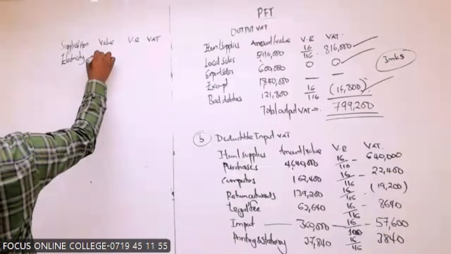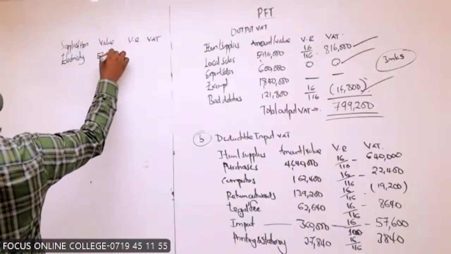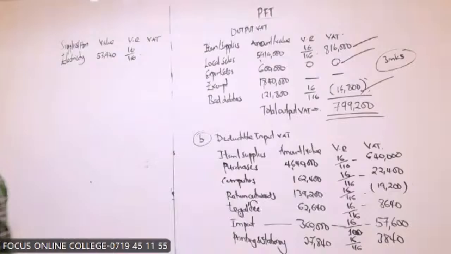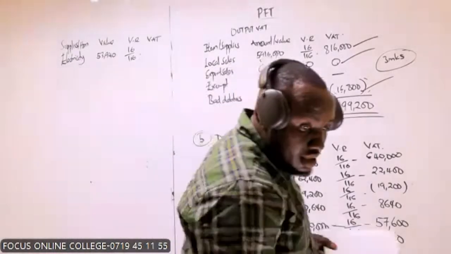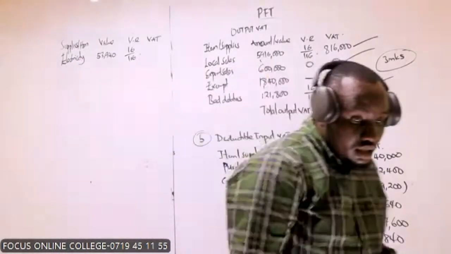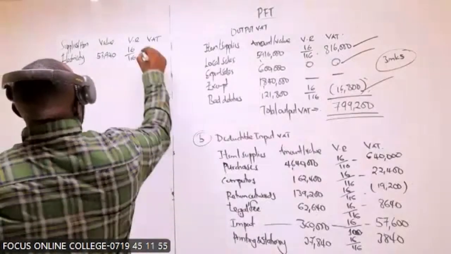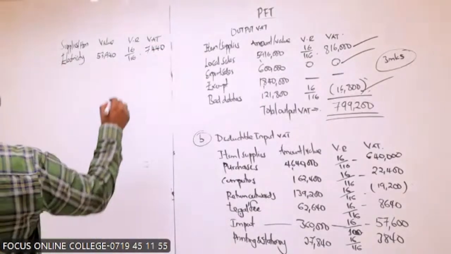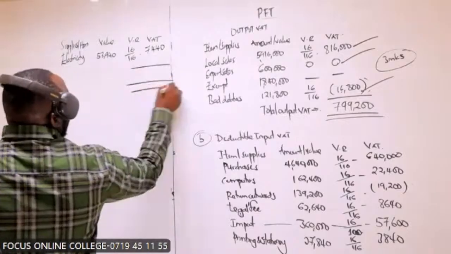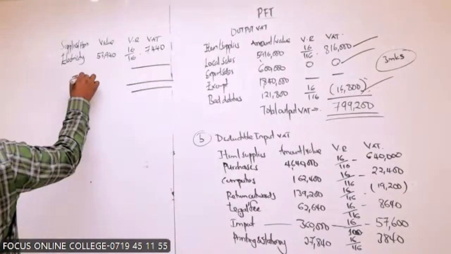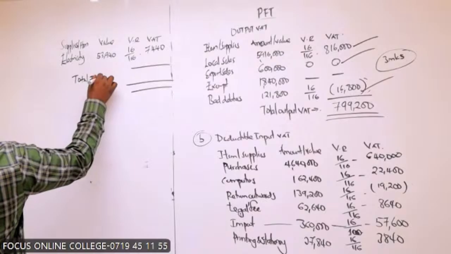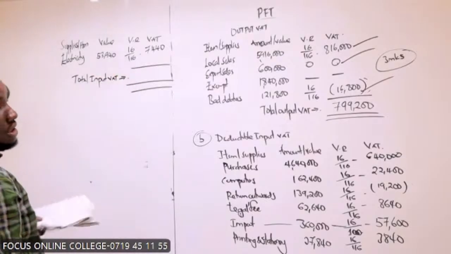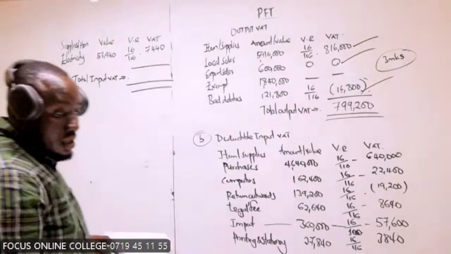We have it as 53,914. 16 over 116. Get me that. So that should be 7440. So we don't have any item, so we get total input VAT. Get me the total input VAT.